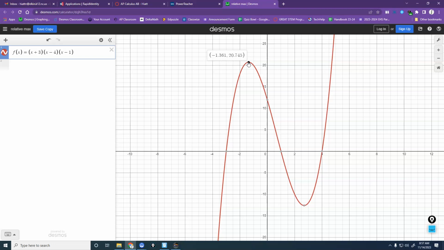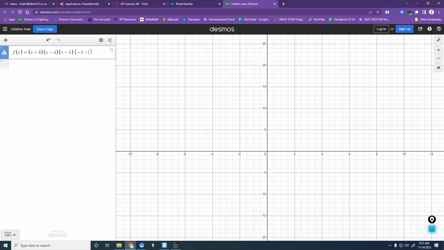But that last definition is telling you that if there's any interval where you could section that off, for example, if I just went from -2 less than x less than 3 right here, so if I don't look at the whole graph, if I just look on an interval, then this is the absolute highest point, right? So if you could section it off and just look at this section, and that's the highest point, then that is a relative maximum or minimum.